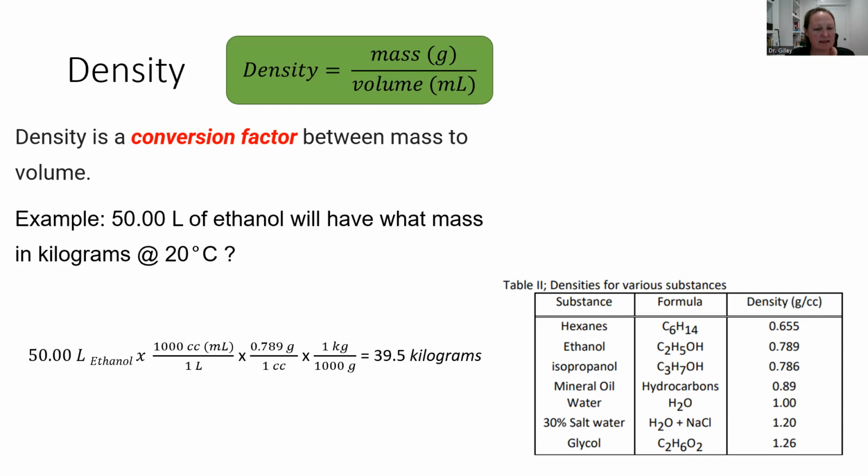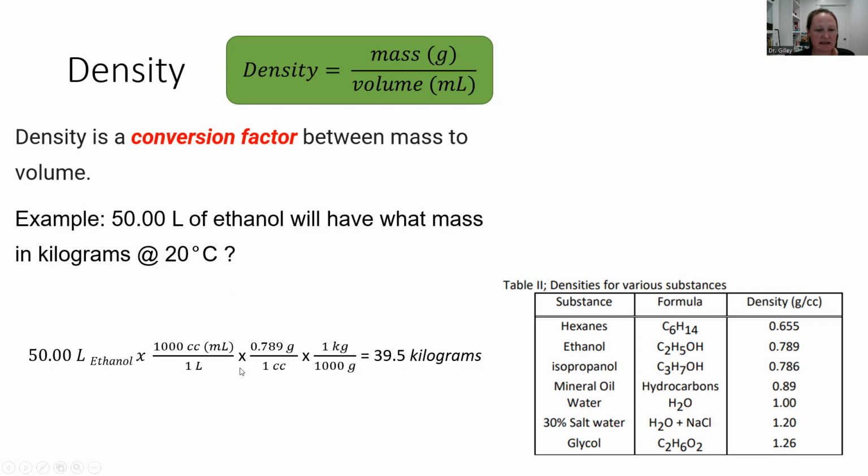Okay, so we would set up the dimensional analysis by starting with the number that it gave us, 50.00 liters of ethanol. Notice that I worked on converting liters to cubic centimeters, which is the same thing as milliliters, because there's 1,000 milliliters or cc's or cubic centimeters in 1 liter.